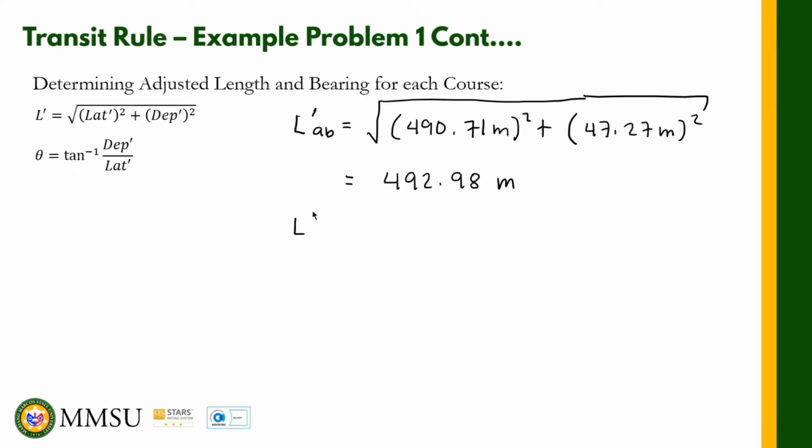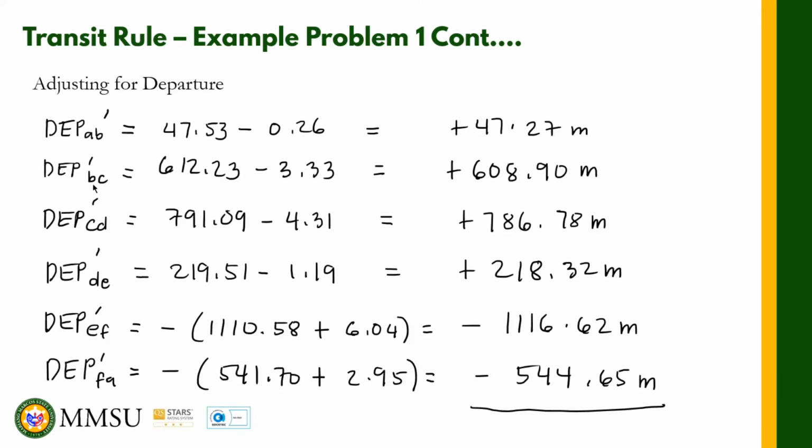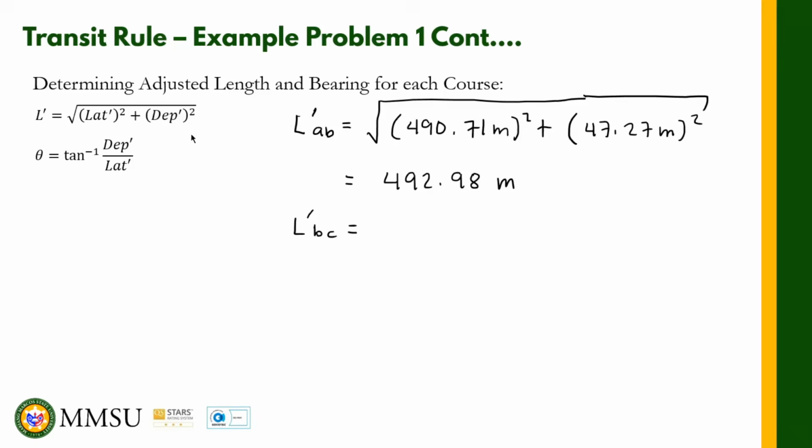The adjusted length of BC is equal to the square root of the adjusted latitude of BC squared plus the adjusted departure of BC, 608.90 squared. Just like what we did here, and we should come up with 845.85 meters.